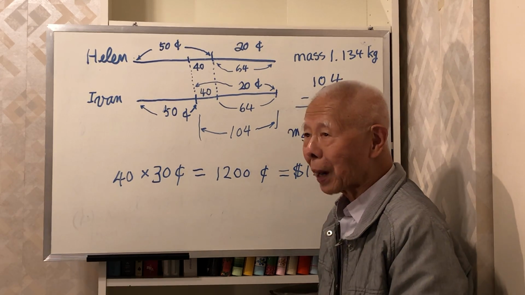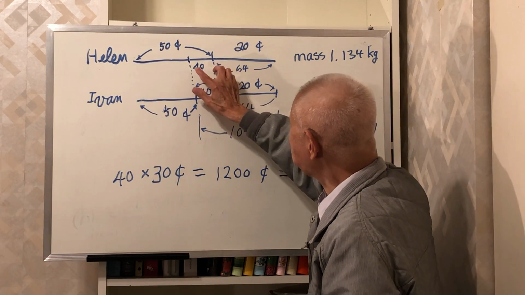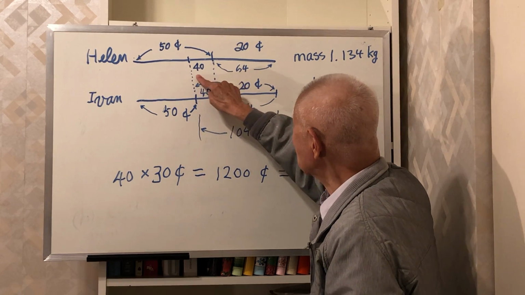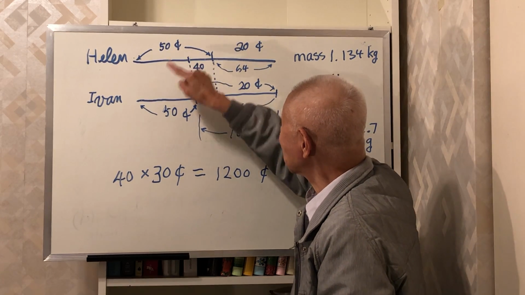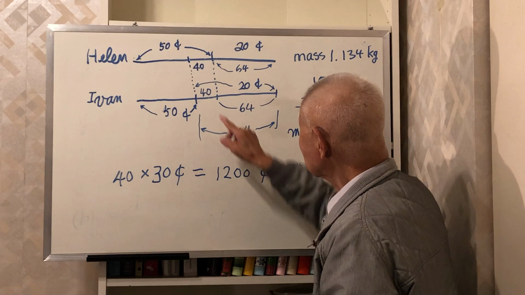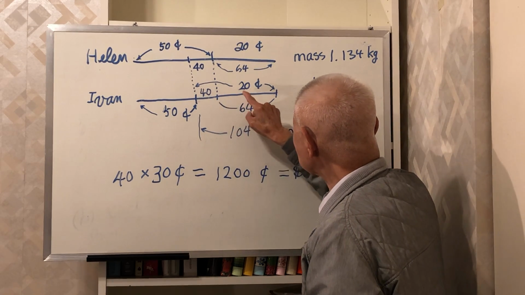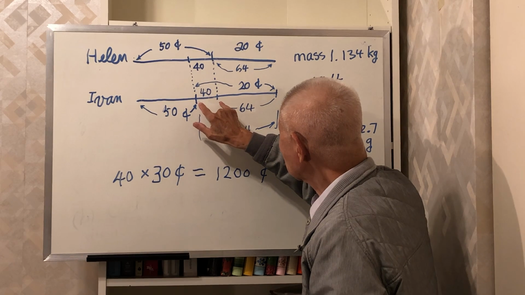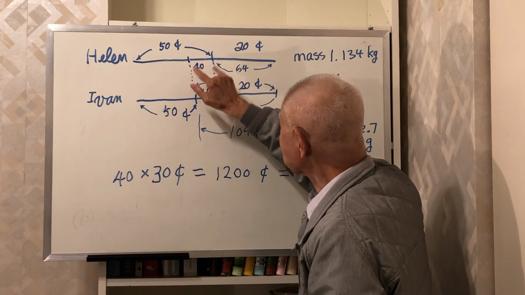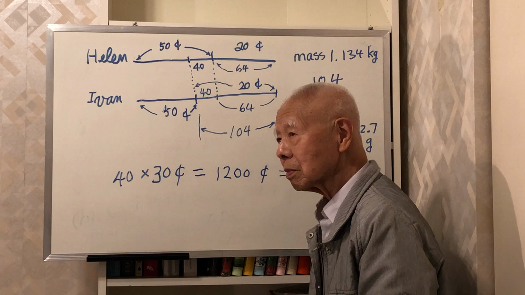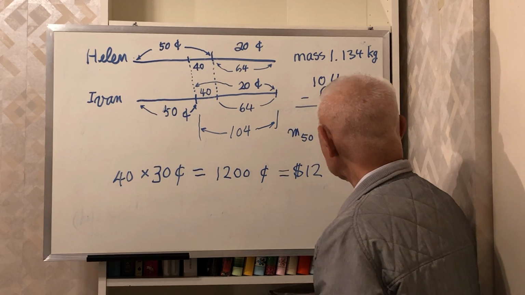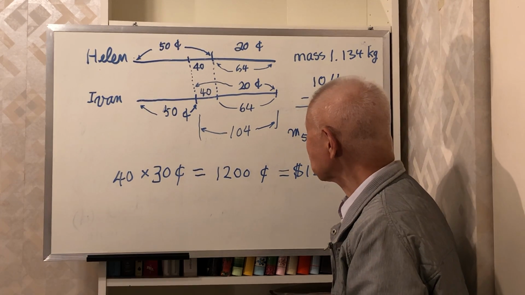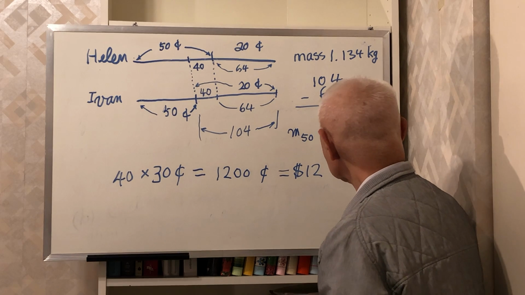The difference in mass comes from this part. Now this 40 is 50-cent coins. This 40 is 20-cent coins. So the mass here is less than the mass here. You got it? How much less?